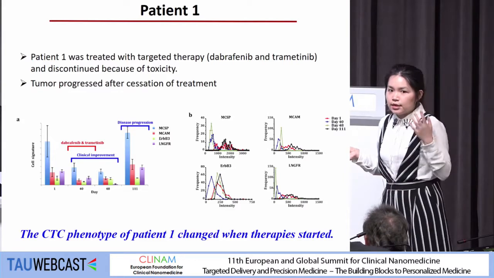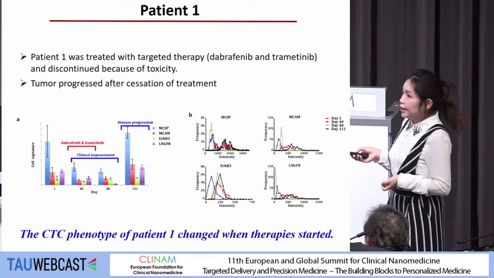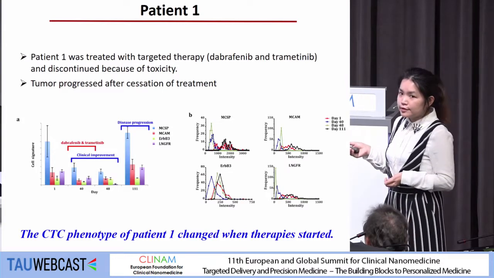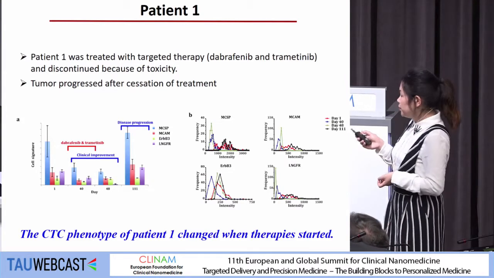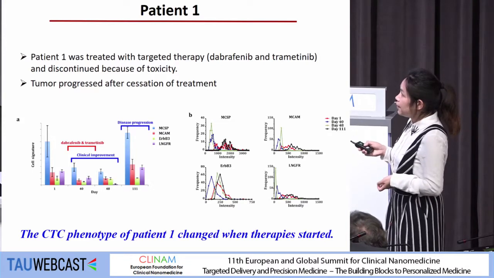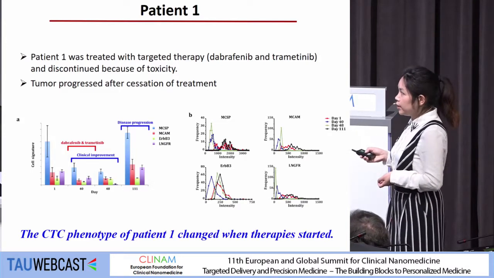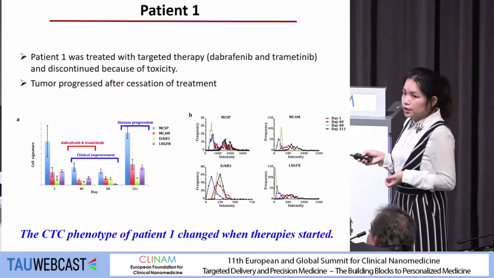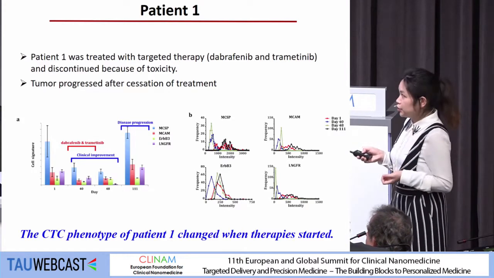After demonstrating our technology can be used in simulated samples, we first applied it to monitor the patient sample response to the treatment. So for patient 1, we monitored 4 time points. Day 1 is before the treatment, day 40 and 48 are under the treatment.